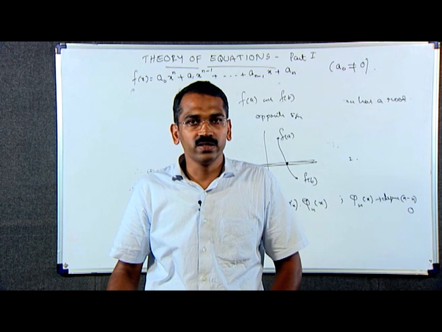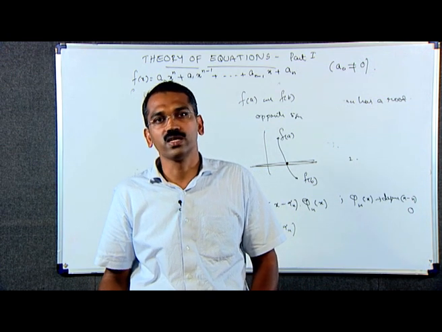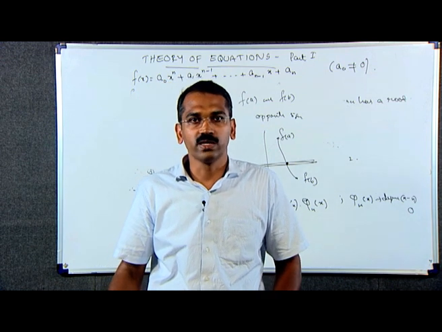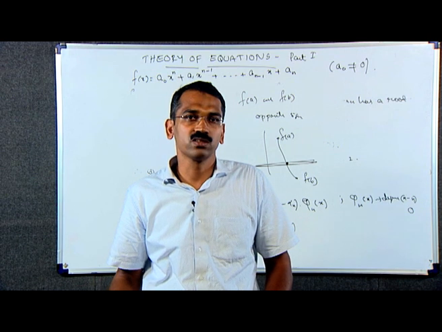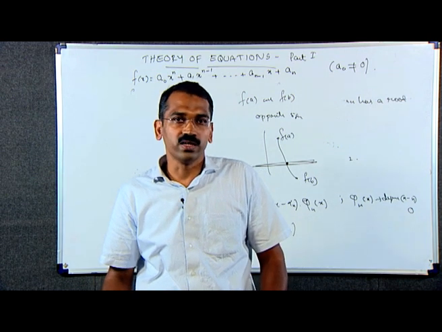Now, I shall introduce a few theorems which will be useful in solving certain equations. The first one is: in a polynomial equation with real coefficients, imaginary roots occur in conjugate pairs.